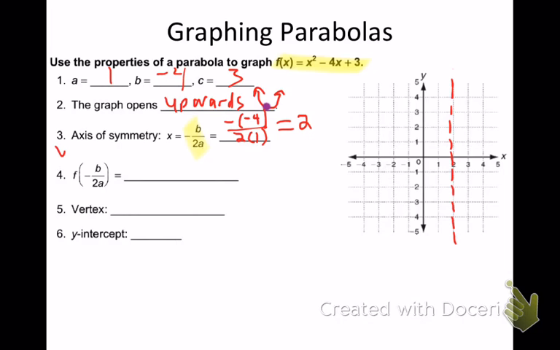Now I need to find my vertex. To find my vertex, I take 2 and I plug it in for x. So that gives me 2 squared minus 4 times 2 plus 3. What's 2 squared give me?